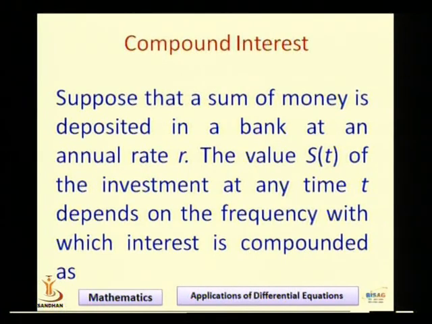Now, as I told you, the third field where you can use first order differential equation is that of the study of compound interest. You assume that a sum of money is deposited in bank at an annual rate of r.